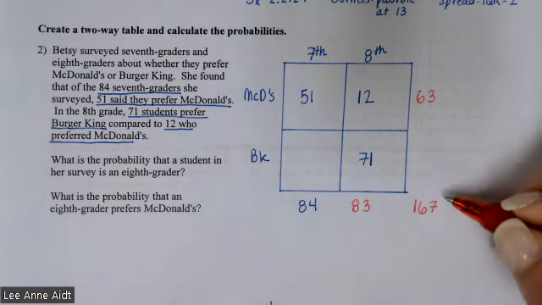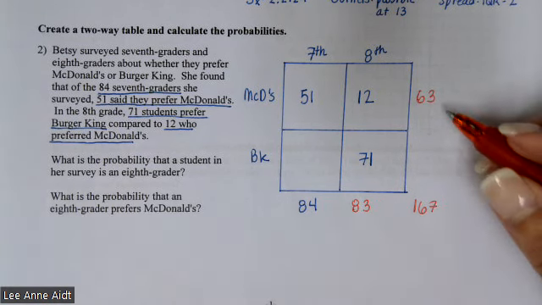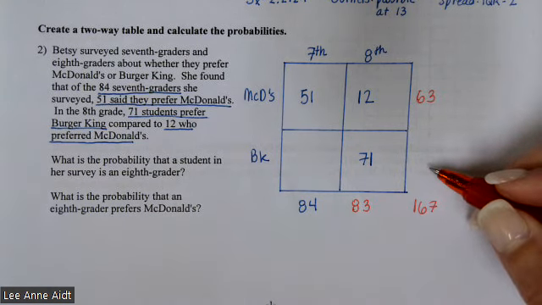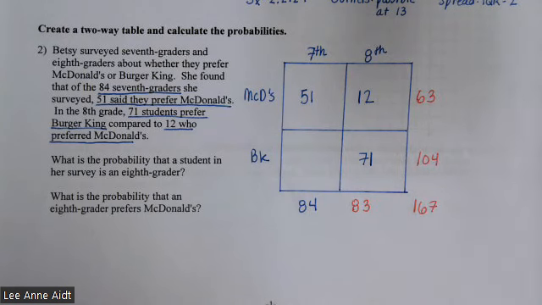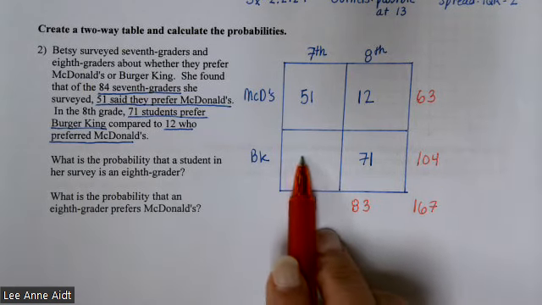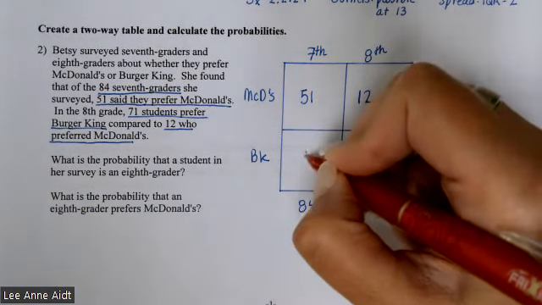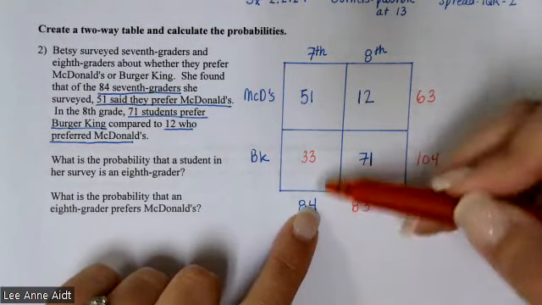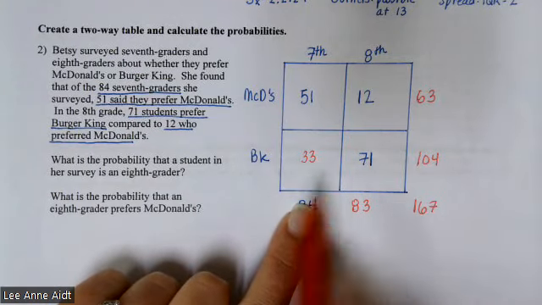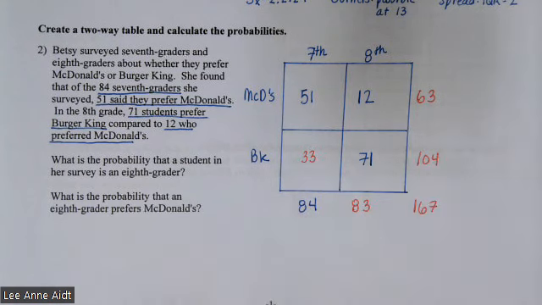Okay, if there's 167 total, and 63 prefer McDonald's, how many prefer Burger King? Yeah, so this is 33, and you can check it both ways. It will help you realize that you got the right answer if that works in both directions.